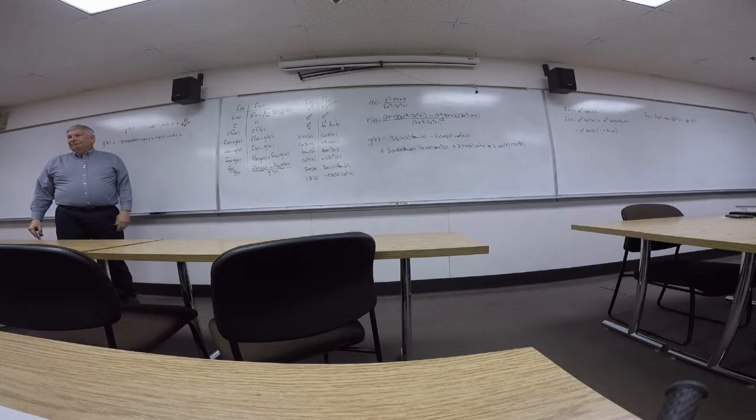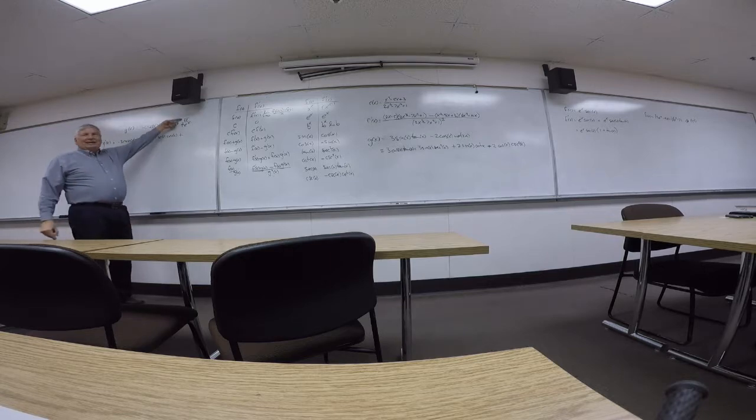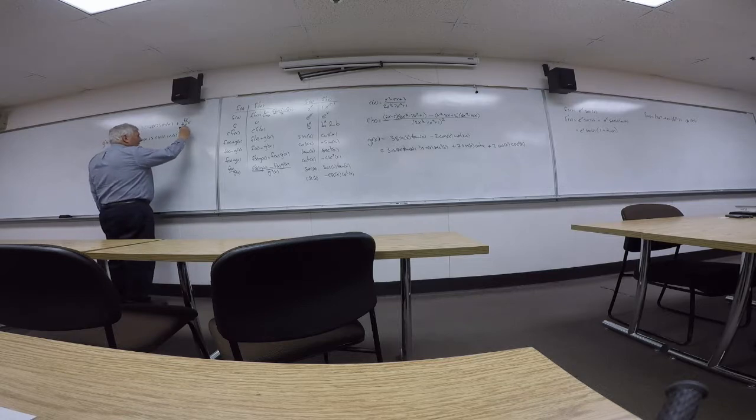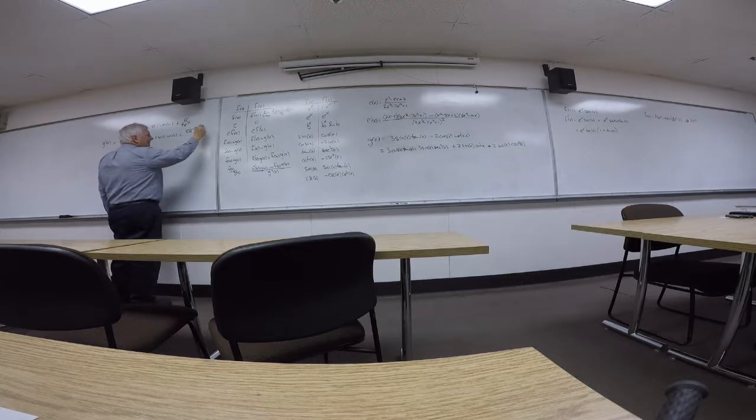quotient rule. This is x to the 1/2, so its derivative is 1/2 x to the minus 1/2, or 1 over 2 times square root x. So derivative of the numerator, 1 over 2 times square root x times the denominator, 4 e to the x, minus numerator, square root x times derivative of denominator 4e to the x, divided by the square of the denominator, 16e to the 2x.